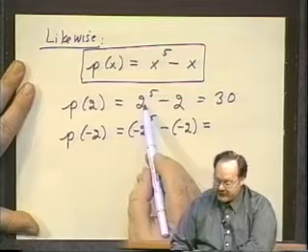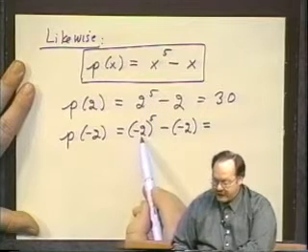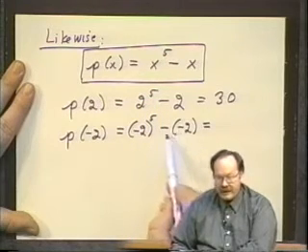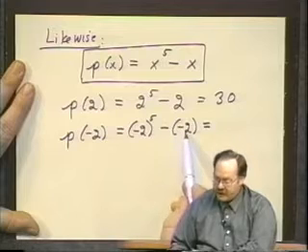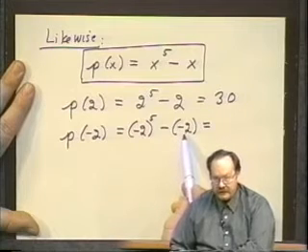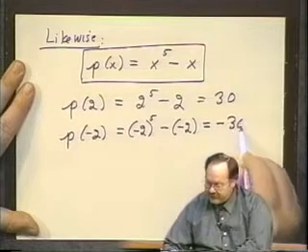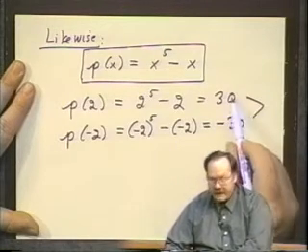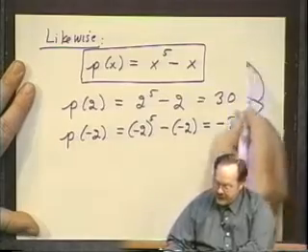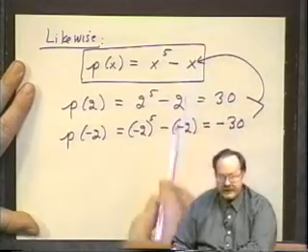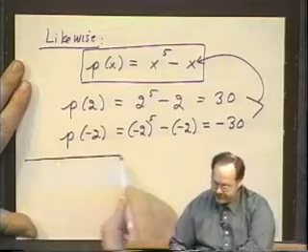So this, instead of being 32, is negative 32. And then we're adding, since minus minus, 2. So negative 32 plus 2 is negative 30. Again, this is the negative of the previous one. And notice that in both cases, the powers are odd.